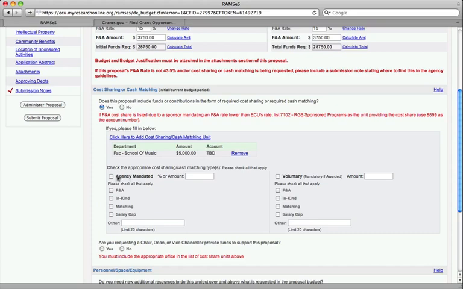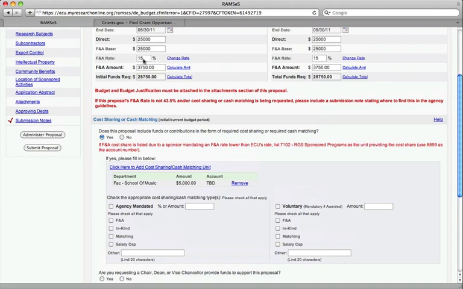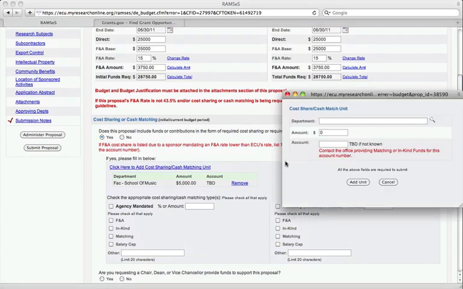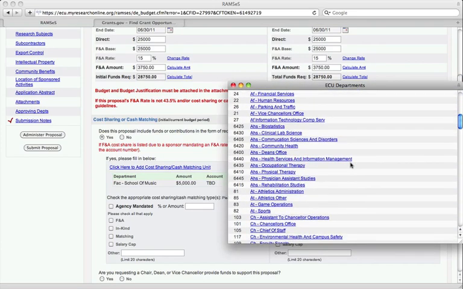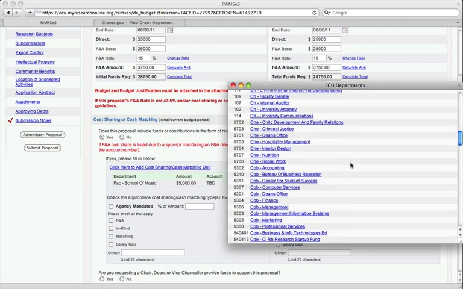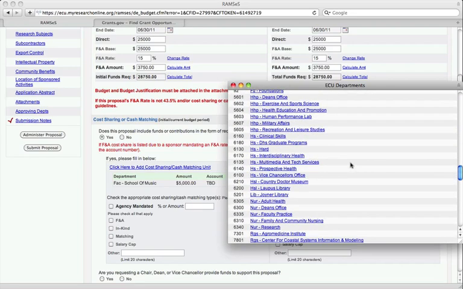So we also, in this case, because we have an F&A rate lower than the ECU standard rate, have to add another cost share unit to authorize the cost share waiver, and in this case you would choose OSP.